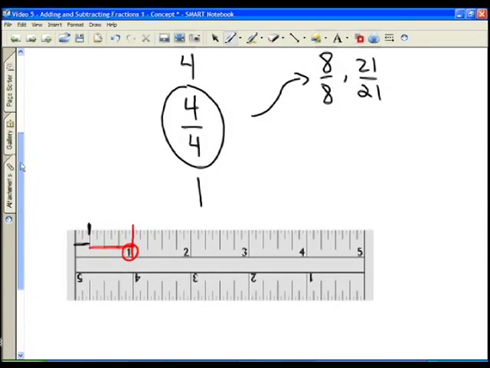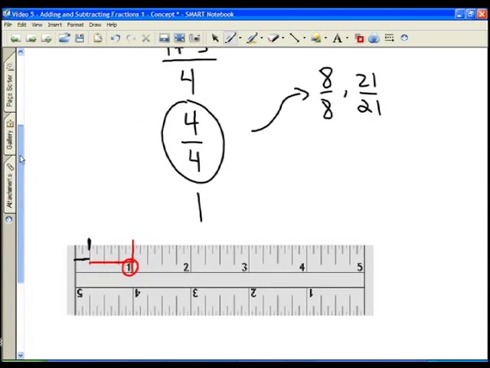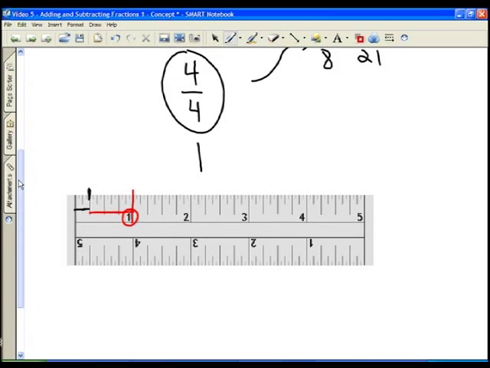And so 1/4 plus 3/4 is equal to 4/4. So that's a review of adding and subtracting fractions that have a common denominator.